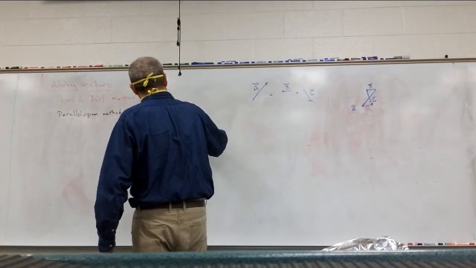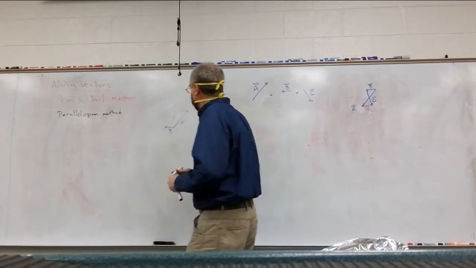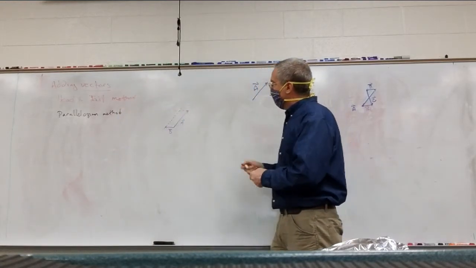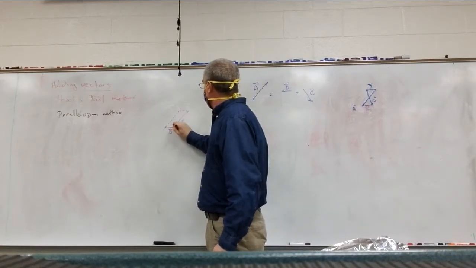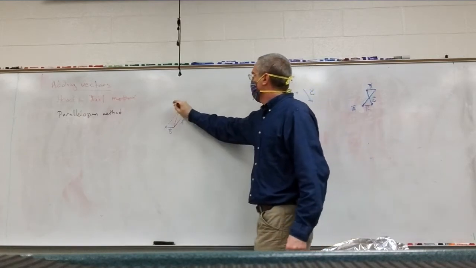I'm hoping you get the spirit of it, even if my drawing's off. A little bit better. So A plus B is this vector right here. That's A plus B.